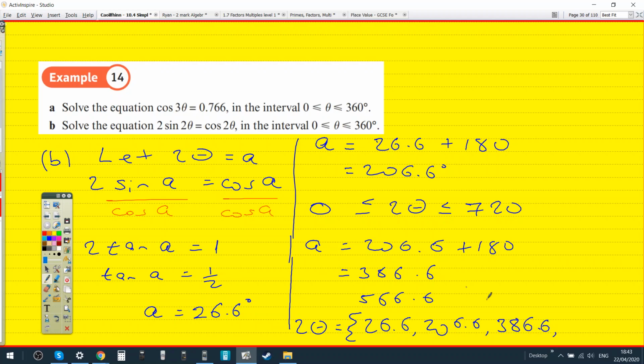So to get theta, divide all of those by 2.